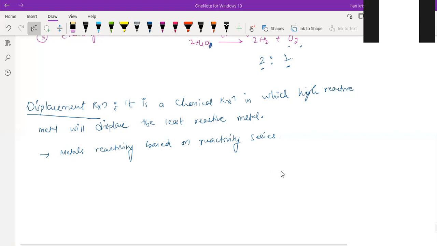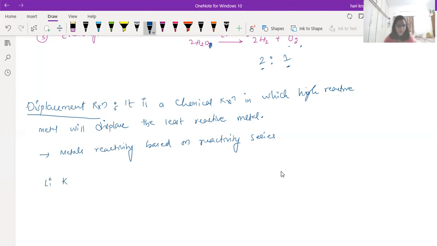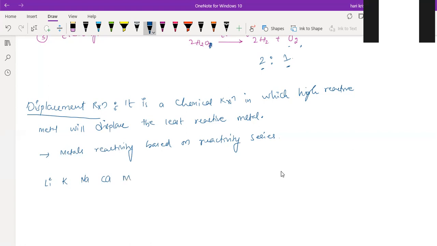So first lithium, next potassium, next magnesium, sodium, calcium, magnesium, aluminium, zinc.